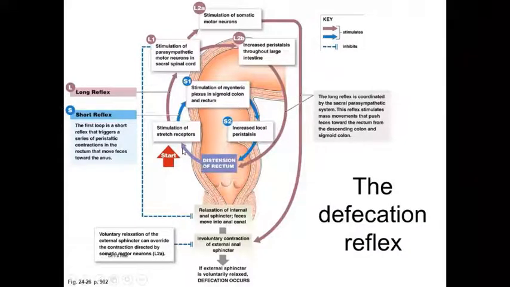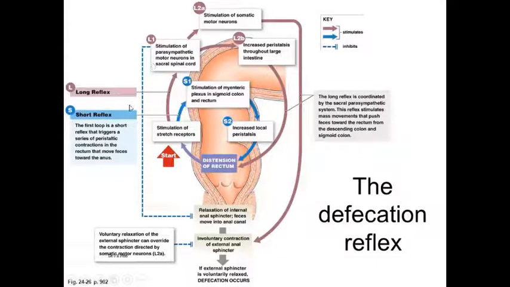If the sensory neurons stimulate the myenteric plexus, it is going to stimulate the longitudinal muscles and the circular muscles in the sigmoid colon and the rectum, increasing peristaltic contractions. So you can see there is increased local peristalsis. That is a strong contraction that is trying to push the fecal material to the outside world via the anus. But we also have long reflexes.